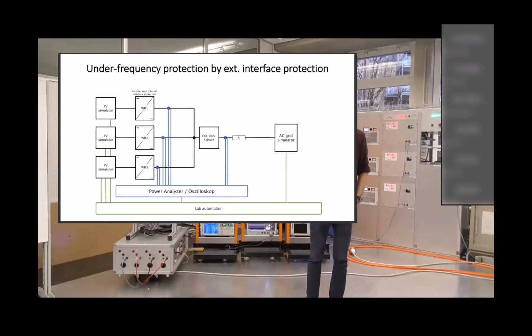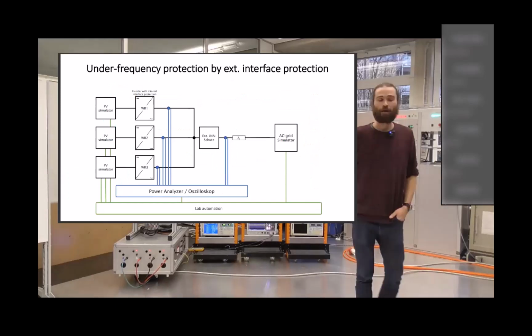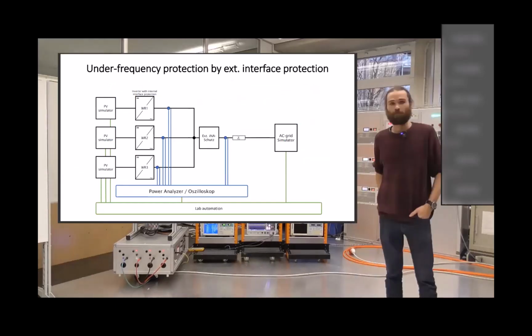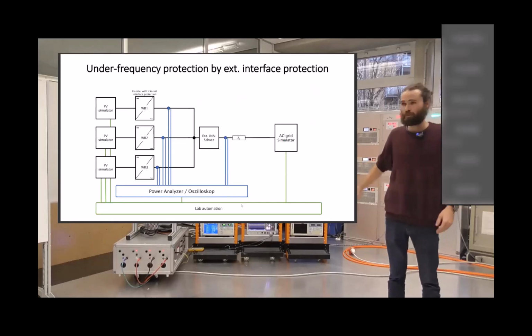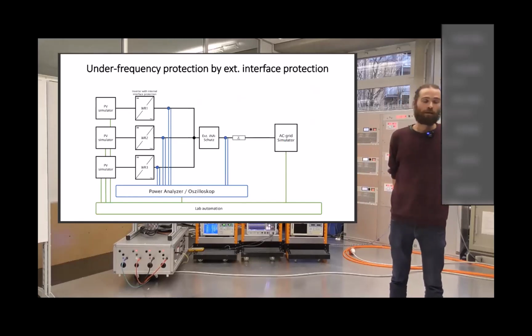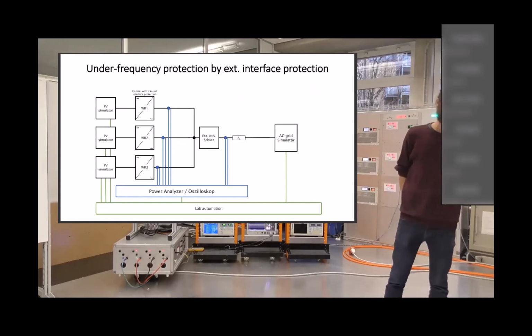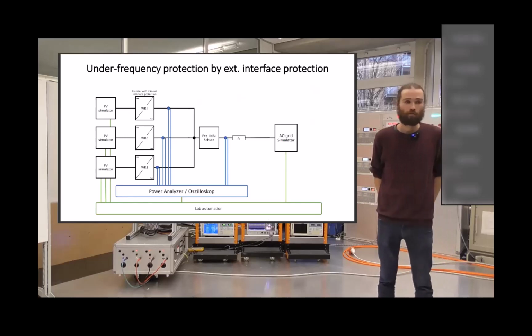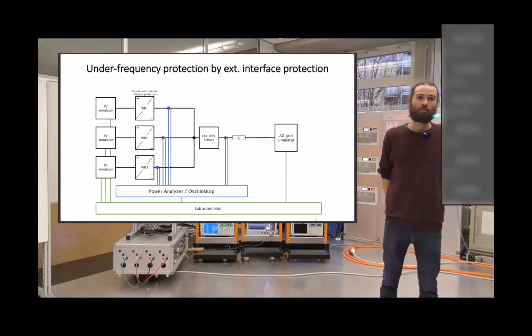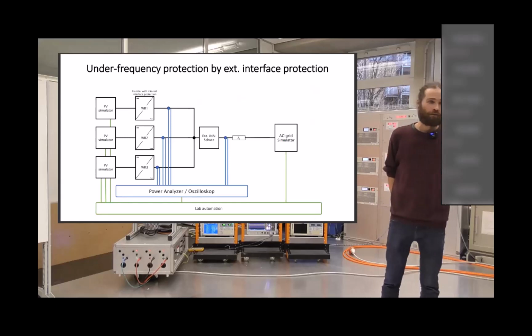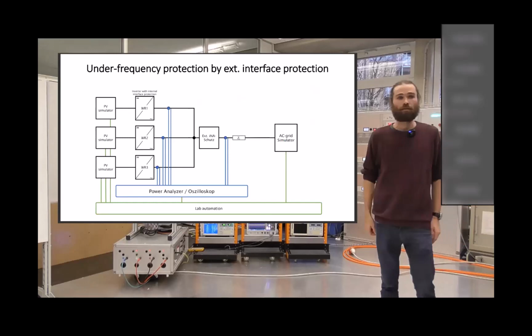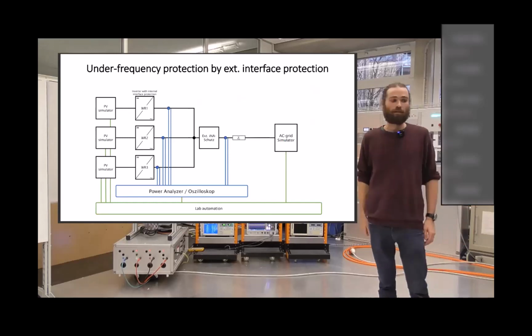Yes, here again we have the wiring diagram. While Christoph was talking, I have prepared the new wiring, and as he already said, we have now all 3 inverters connected together, and in the middle of this figure we can see this external interface protection, or NA-Schutz. And then we have again the measurement on both sides and our AC grid simulator.